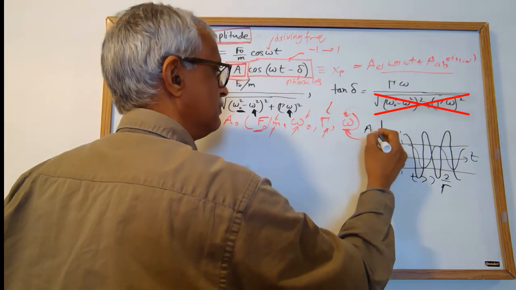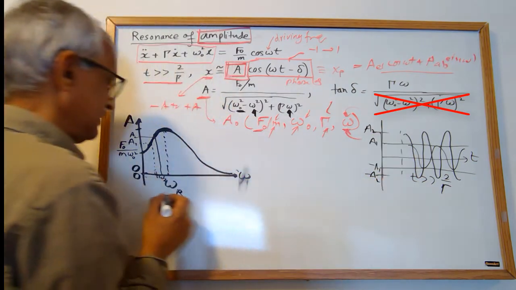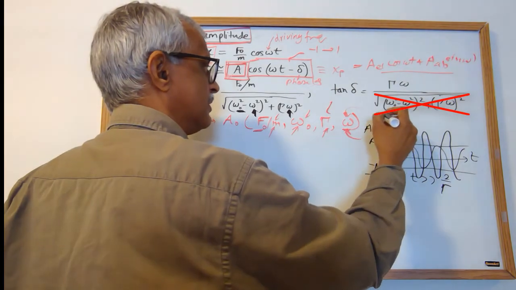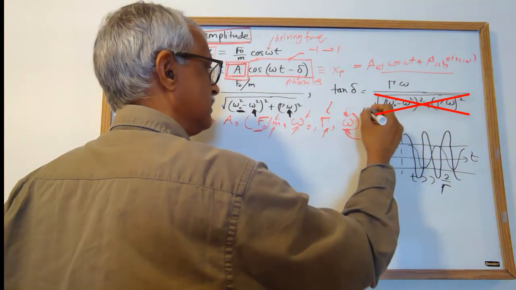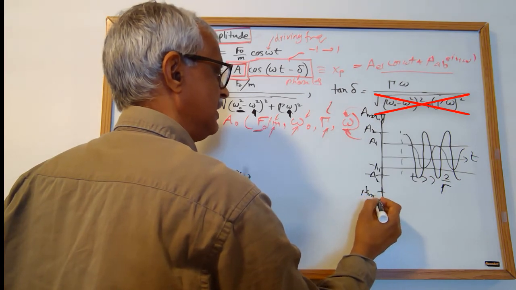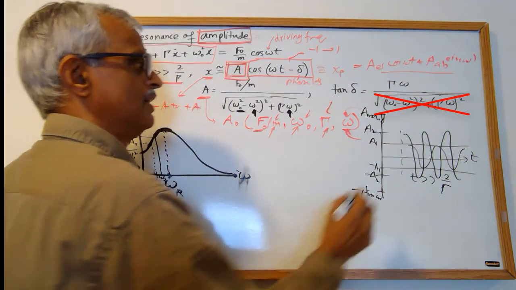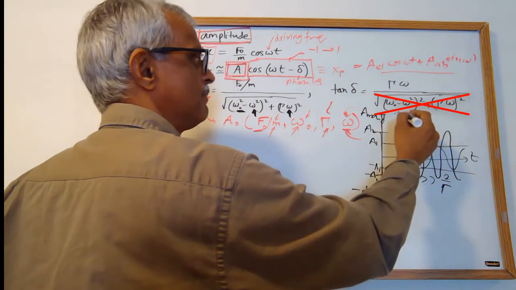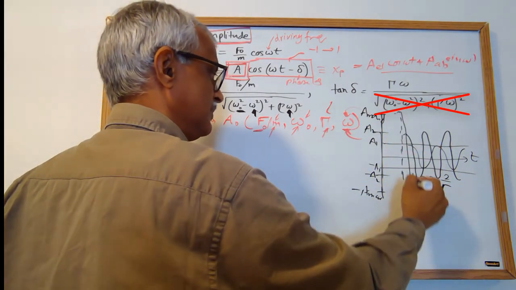This is A2 to minus A2. So as I keep going, if I hit omega r, it's going to be some maximum, A max to minus A max, and it's going to go only in this region of time.